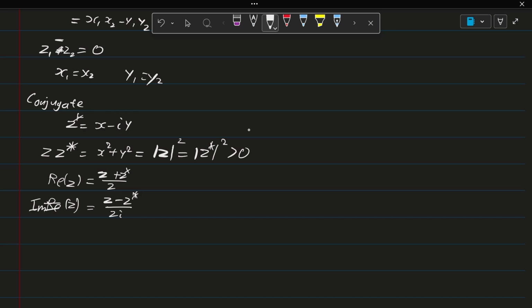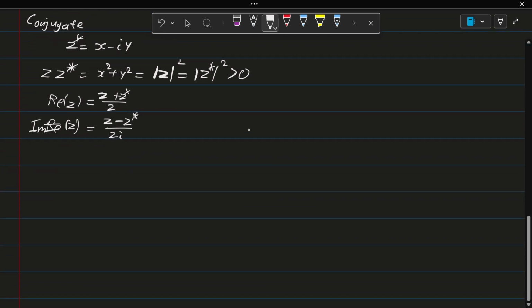So we have discussed addition, subtraction, and multiplication. But what about another fundamental operation, division? To do an example, let's do 1 over z. And let's try to solve for this. This could be expressed as 1 over x plus iy, but maybe you could express this by multiplying top and bottom by z star.